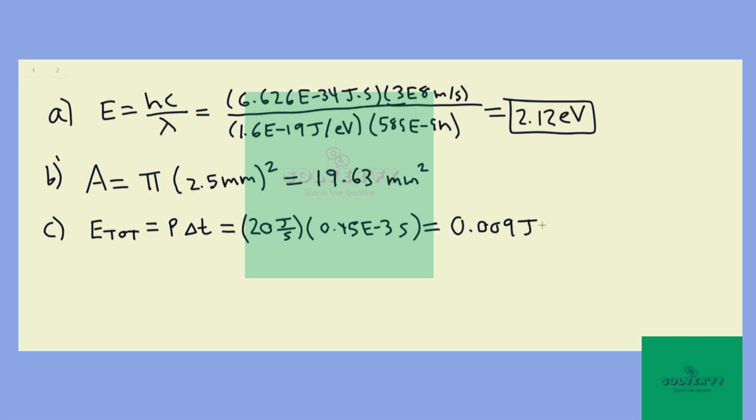Let's get this in electron volts. So once again, we can divide by 1.6 e to the negative 19. This gives us our total energy in electron volts.